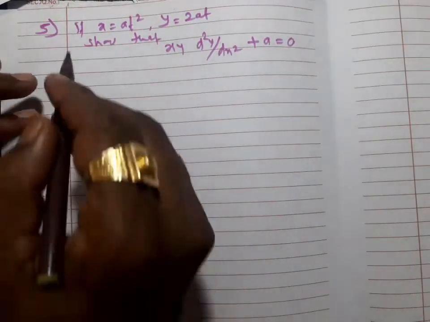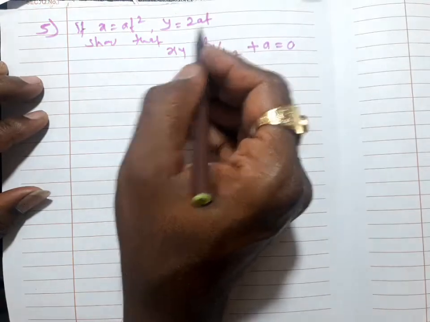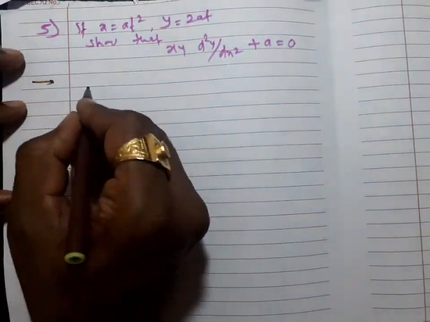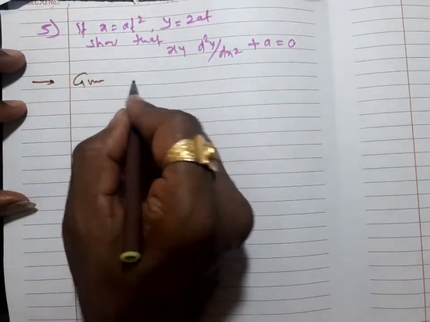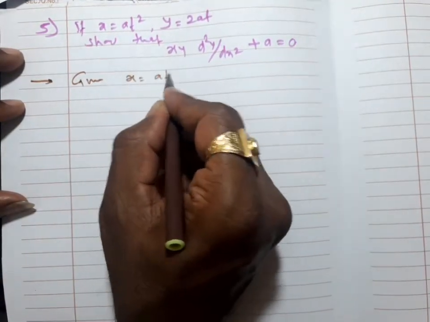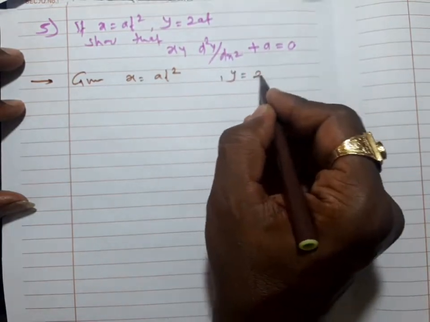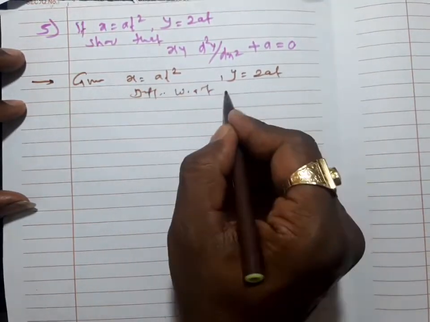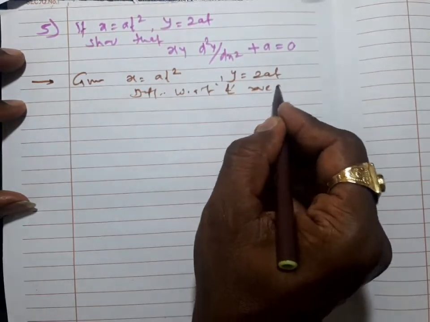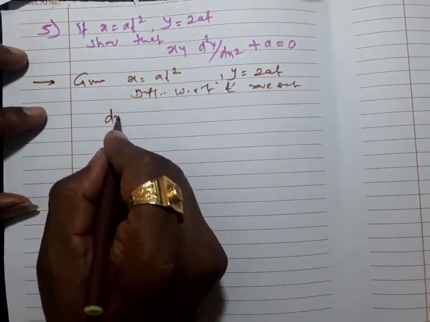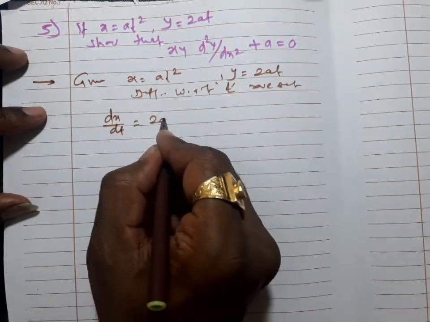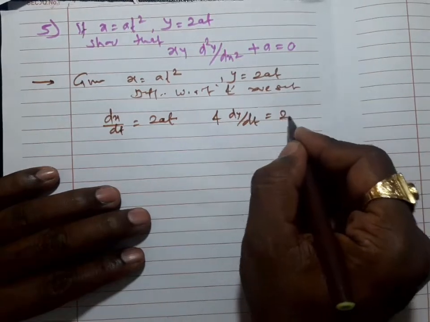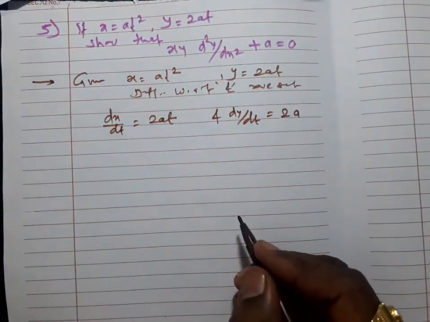Now example number 5: if x is a t square and y is 2at, then show that xy d2y by dx square plus a is equal to 0. Just like the previous example, given x is equal to a t square and y is equal to 2at. So in parametric form, differentiate with respect to t, we get dx by dt is 2at and dy by dt is 2a.